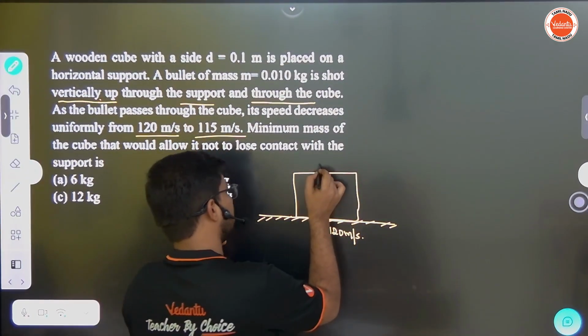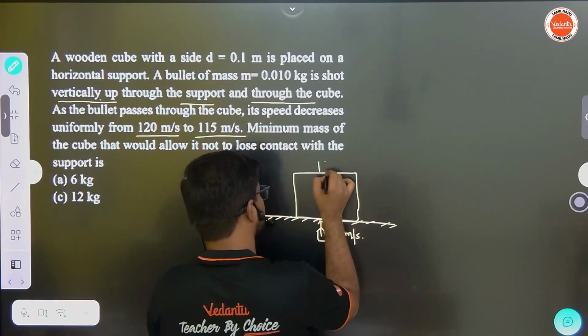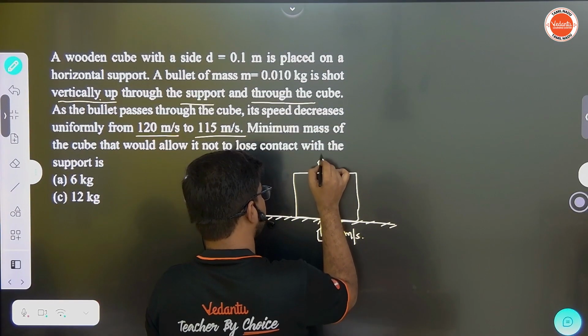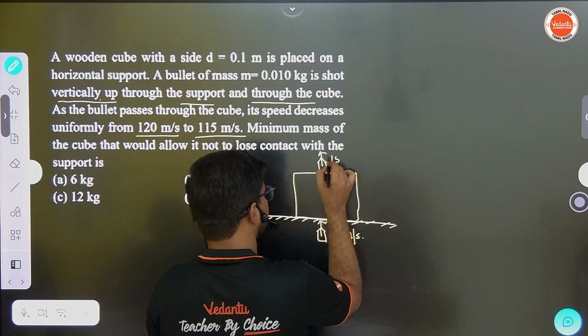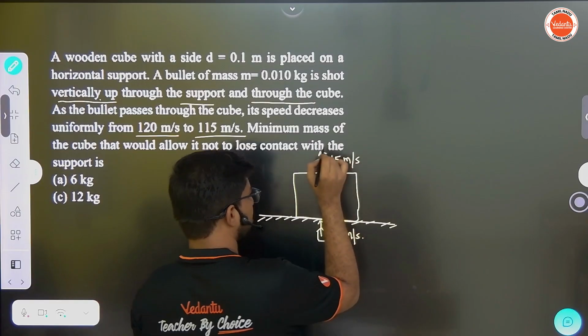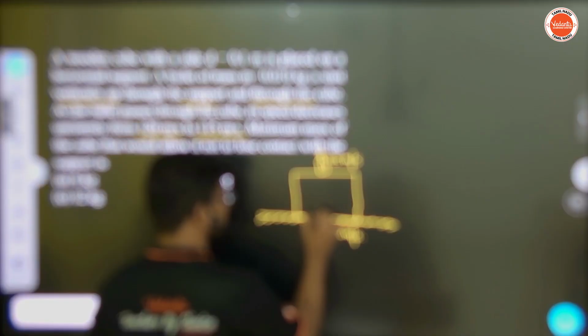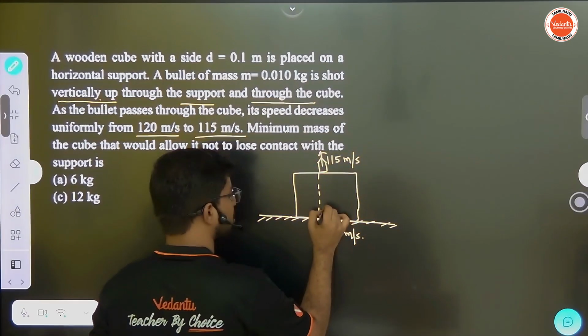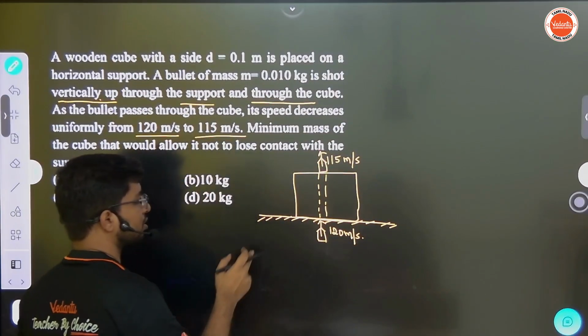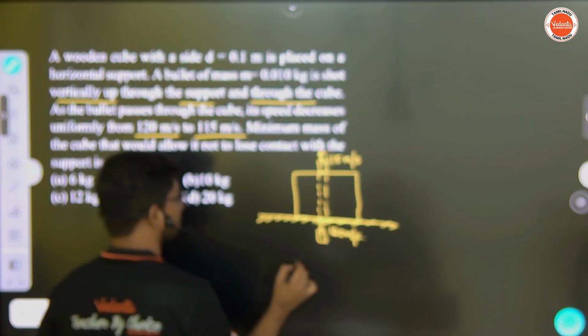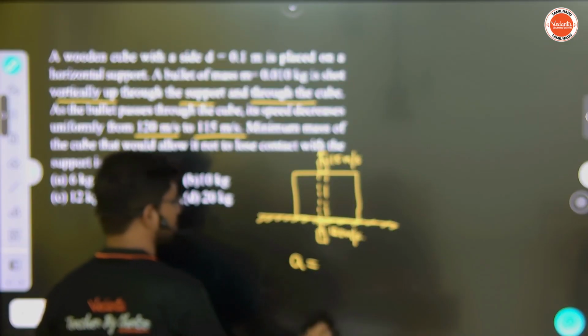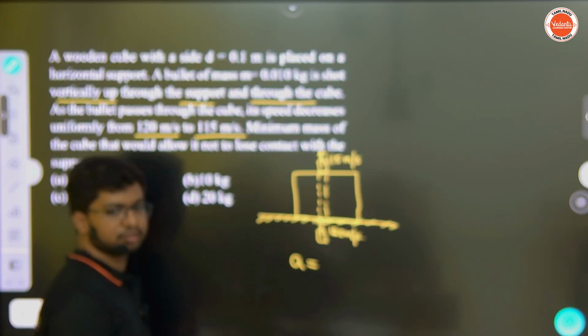And then the velocity has decreased to 115 meter per second as it comes out. Clear? Understood? Right. Which means what is the deceleration of the bullet, or acceleration of the bullet over here?